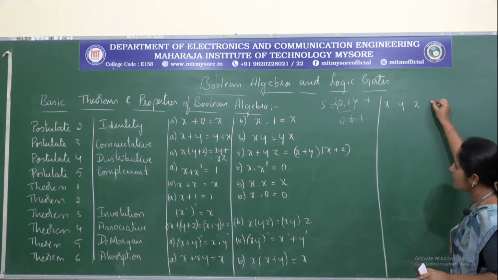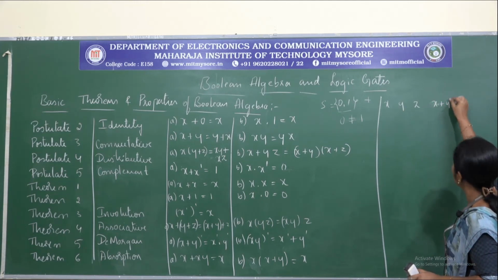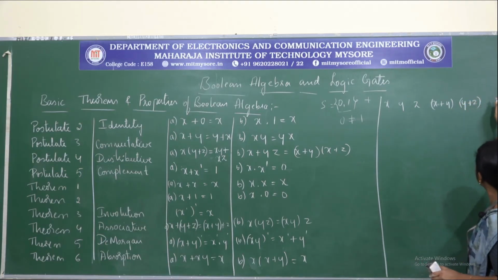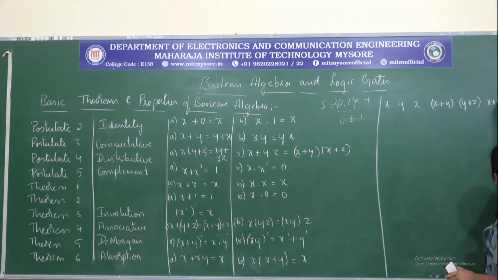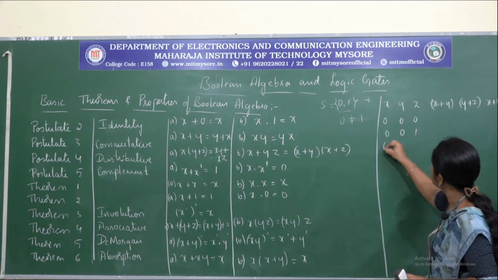Let me consider x, y, z, then x plus y and y plus z, later x plus y plus z. Let me write the values for this.